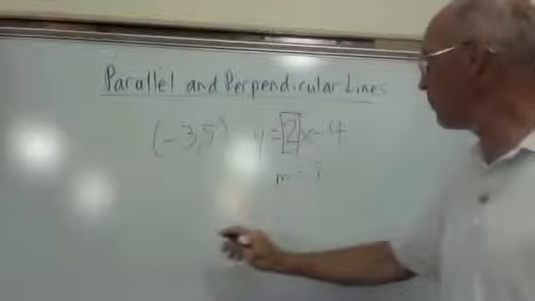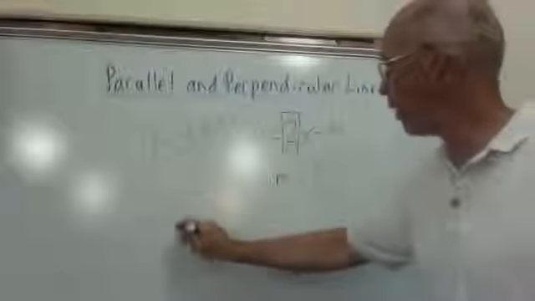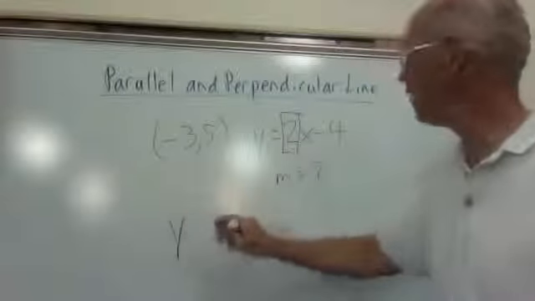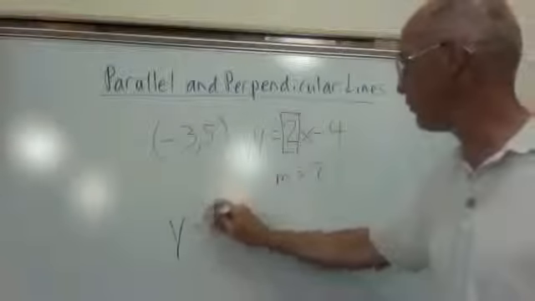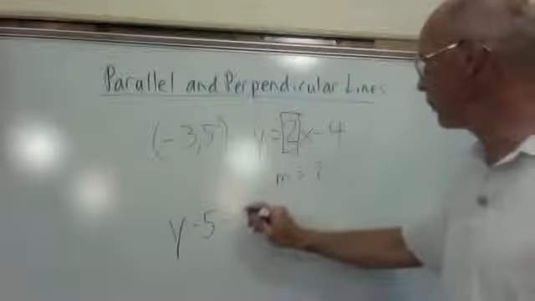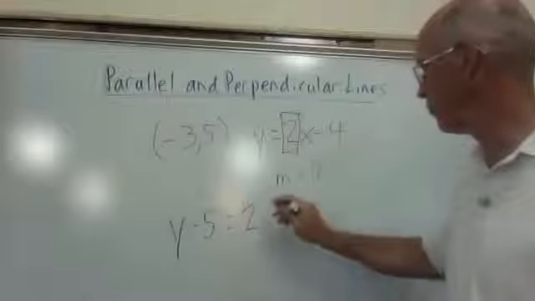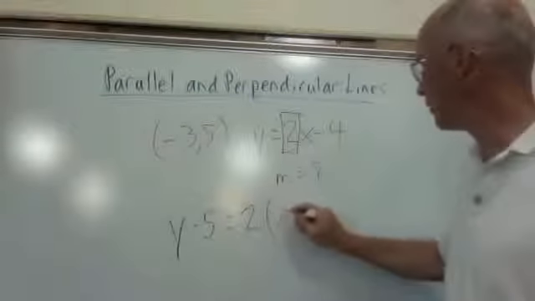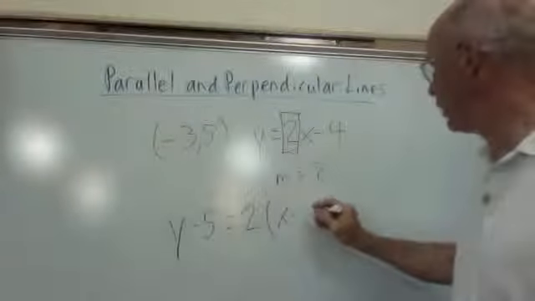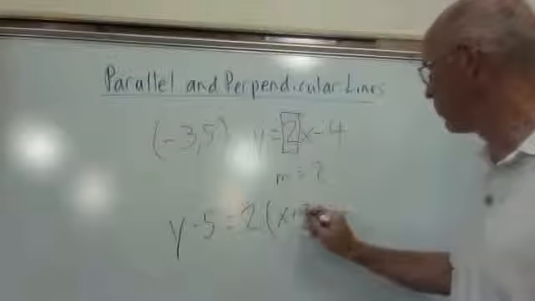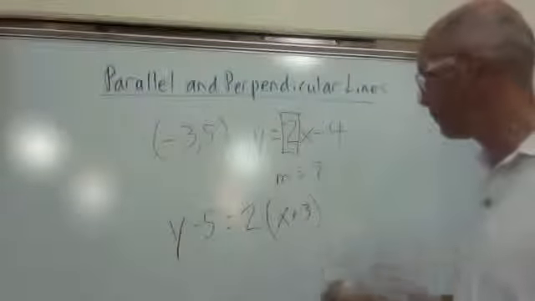Remember, point-slope form is y minus y1, which in this case would be 5, equals slope, which in this case is 2, times x minus x1, which is -3, so it'll end up being plus 3 because minus a negative, right?